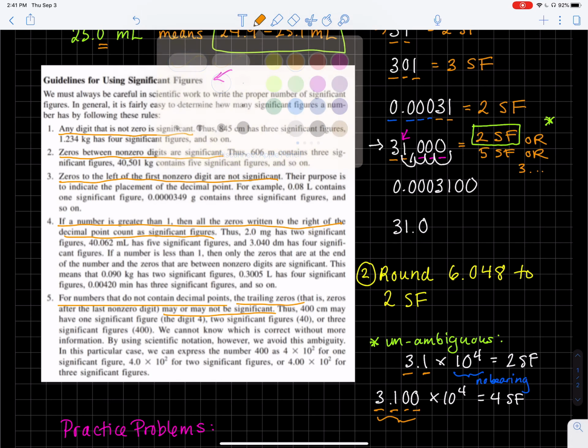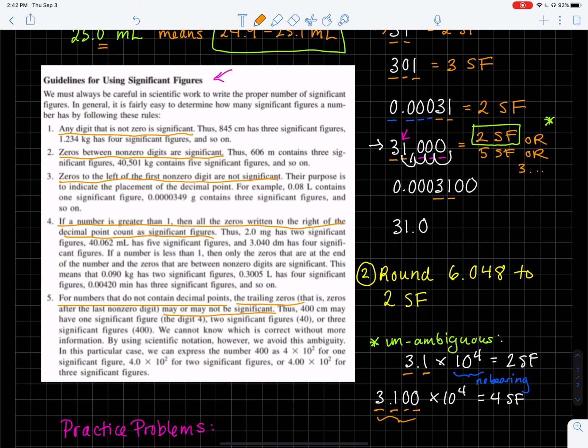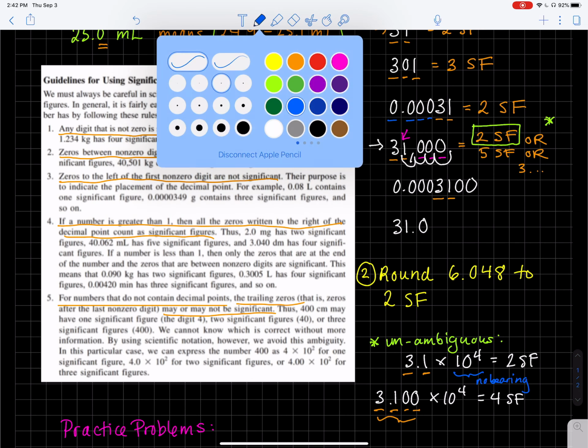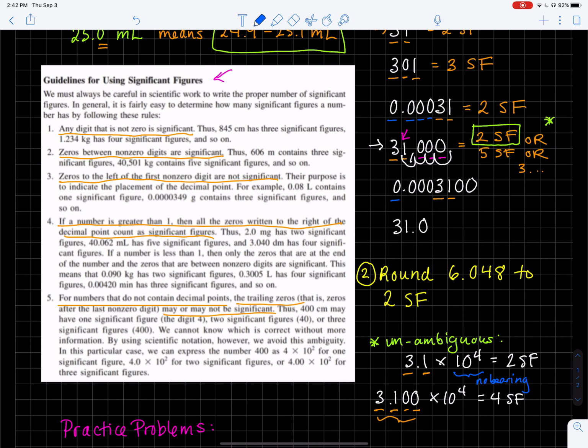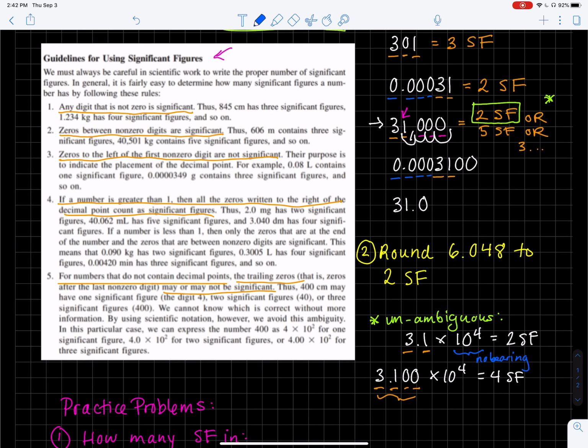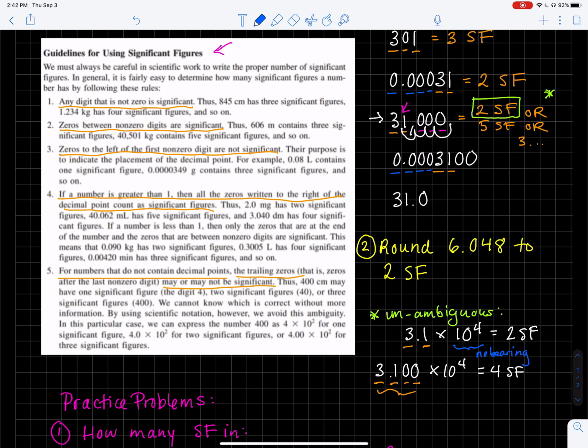0.0003100. All right, well, we know these are significant because they are non-zero. And then we have two sets of zeros. The ones to the left go back to 0.3. These are zeros to the left of the first non-zero digit, so those are not significant. Okay, and zeros to the right, I'm actually having a moment here.